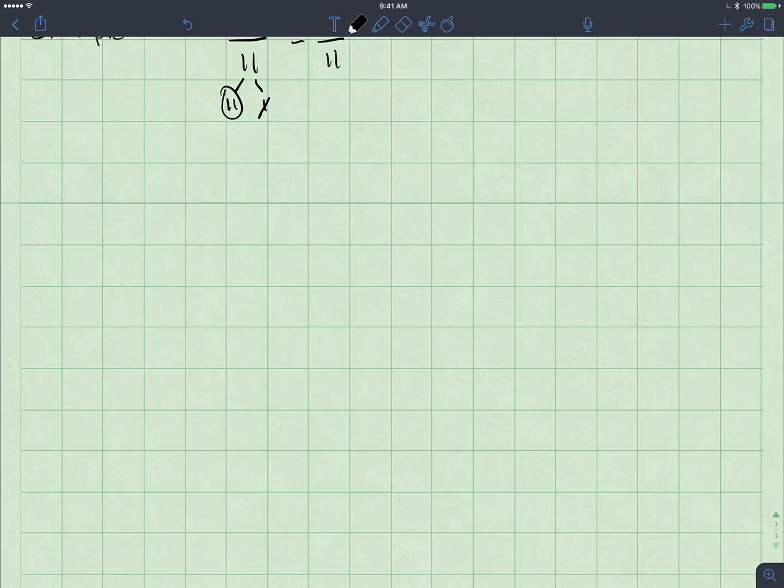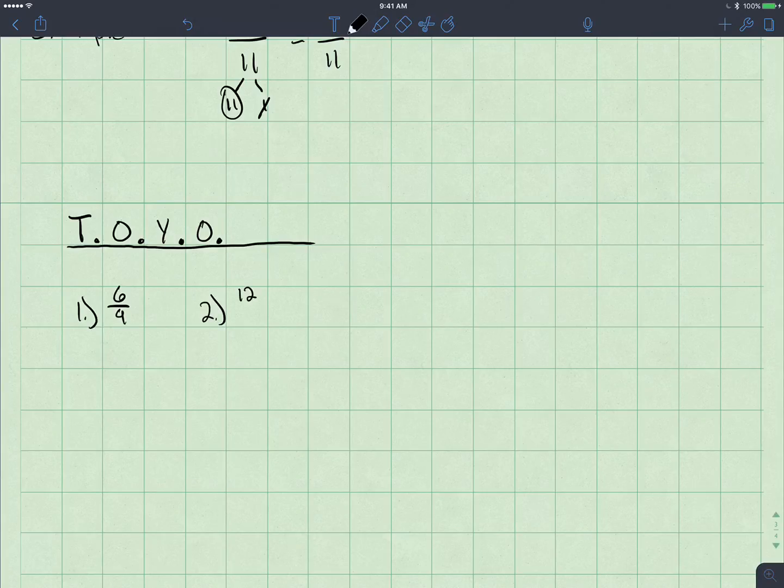Oh, let me go ahead and give y'all some questions to work out in class. Try on your own. So I'm gonna ask y'all to reduce 6/9. Y'all should go ahead and try to reduce 12/14.